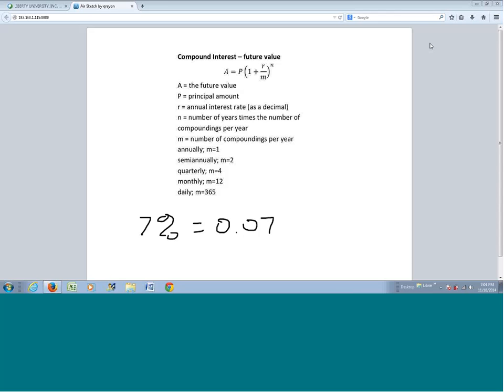So to convert from a percent to a decimal, move the decimal point left 2 places. And when you do that, it changes the percent to a decimal. So that's what you need to do for this R number in the formula.